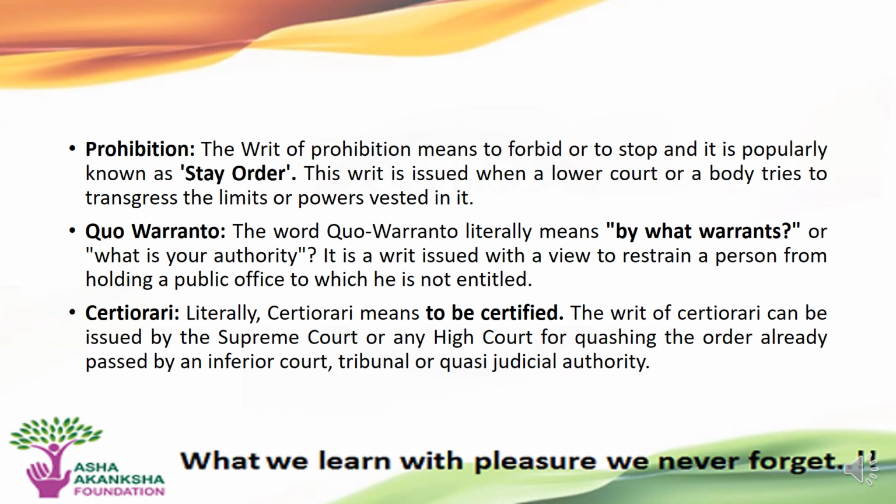The next writ is quo warranto. Quo warranto literally means by what warrant or what is your authority. It is a writ issued with a view to restrain a person from holding a public office to which he is not entitled. This writ is helpful in asking a question to a public authority or a public officer: by what authority do you hold this position?